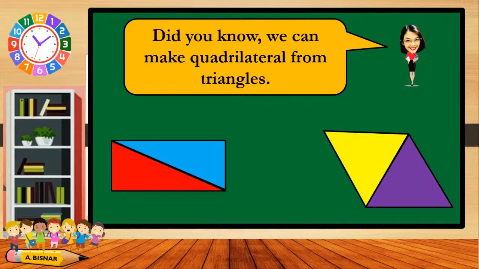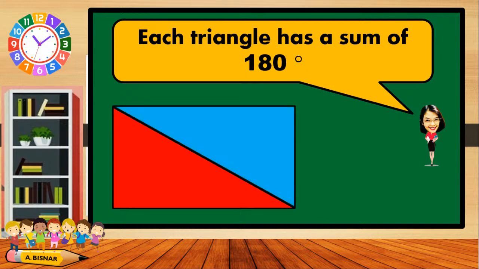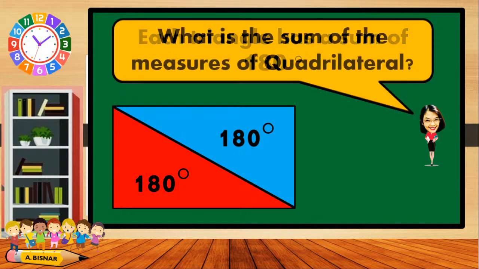Now, what's next with this lesson? If each triangle has a sum of 180 degrees, then what will be the total? Pag pinagsama mo sila, ano yung magiging kabuuang measurement ng bawat angle ng quadrilateral? What will be the sum?